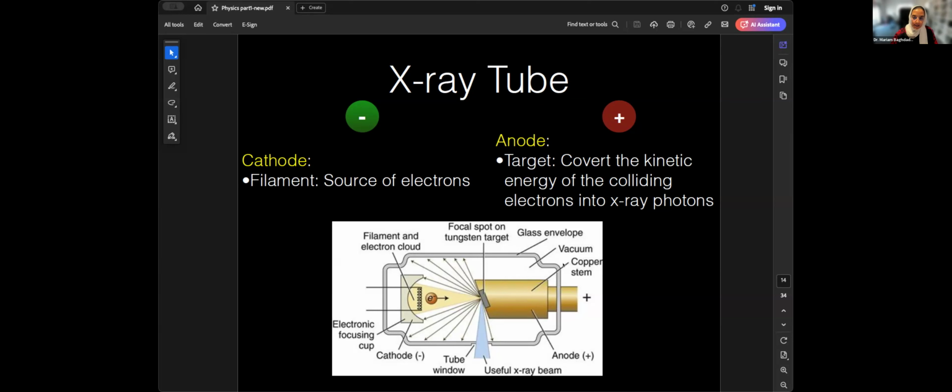Of course, all this is covered up in a glass envelope, and there's a vacuum in here because we don't want these electrons to be hitting anything else. No air particles, nothing except for the tungsten target, so that we're able to produce useful X-ray beams, which is right here. Okay, so I hope everybody sort of understands this basic concept.